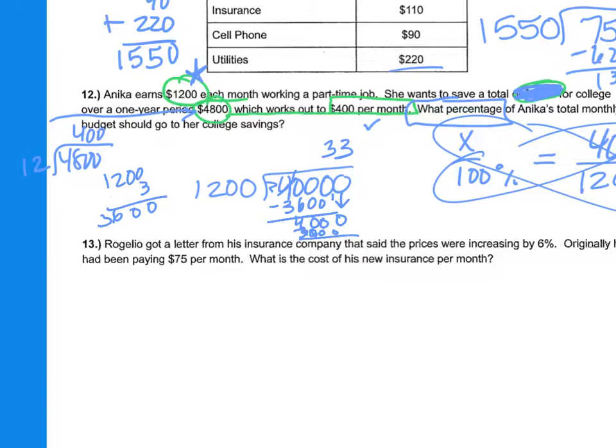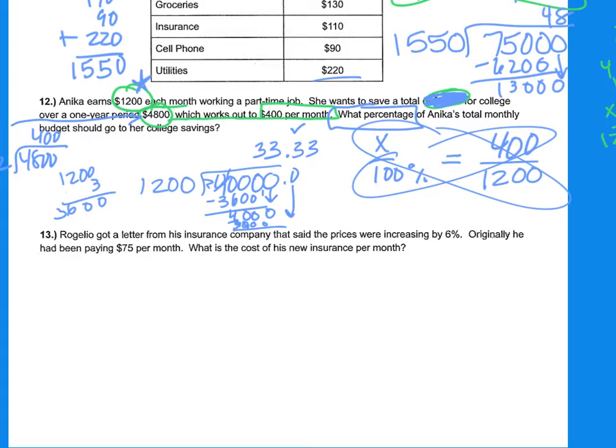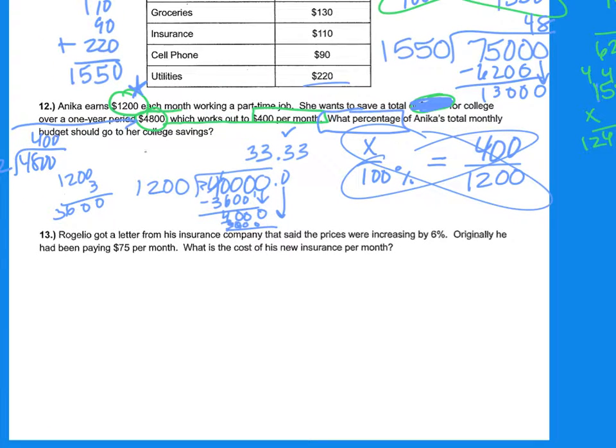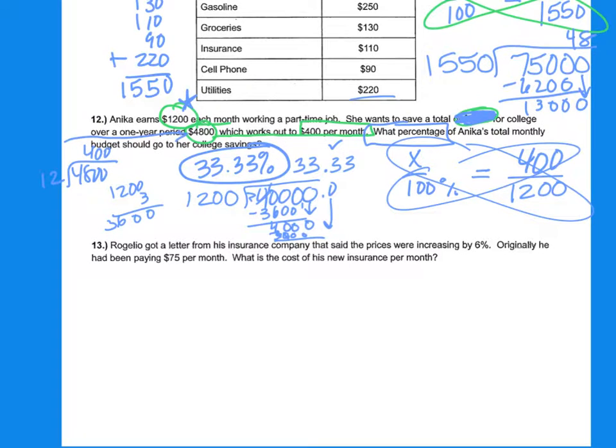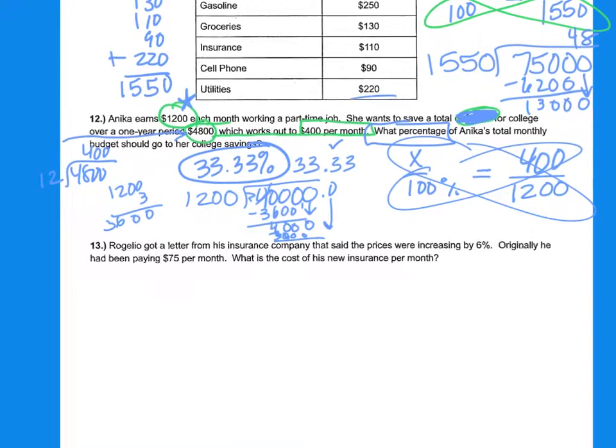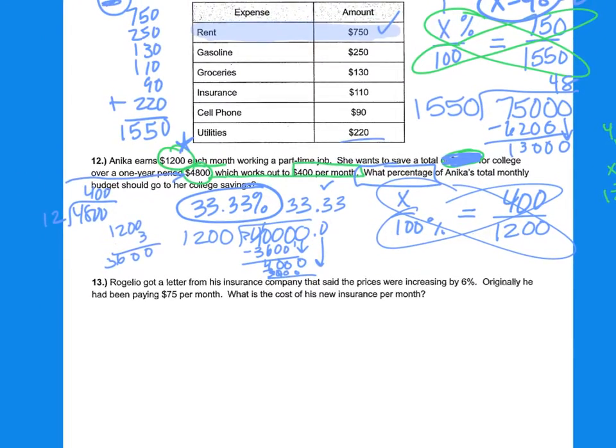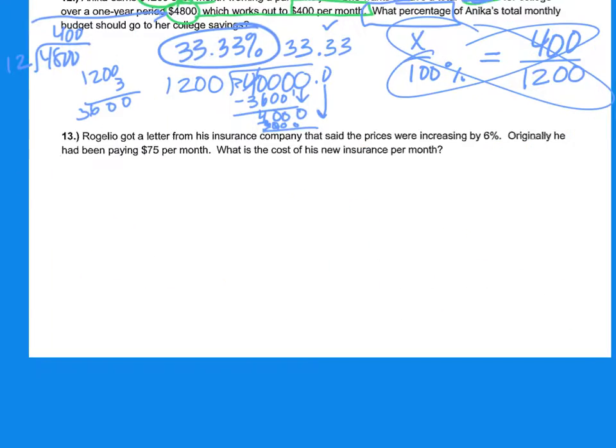It's repeating, and if you can kind of see the pattern, it's going to keep repeating. So 33.33%. So about 33% is what she needs to spend for her tuition.